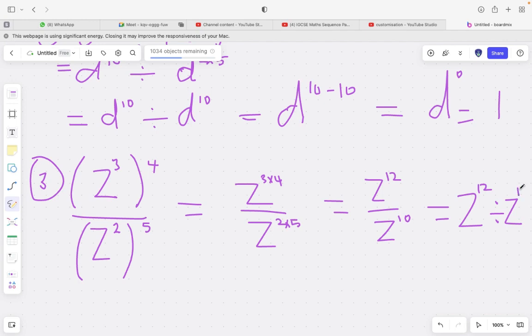Whether they write it in fractional form or like this, it's the same thing. Since it's division, you say 12 minus 10, and this gives us z to the power of 2. This is our final answer.